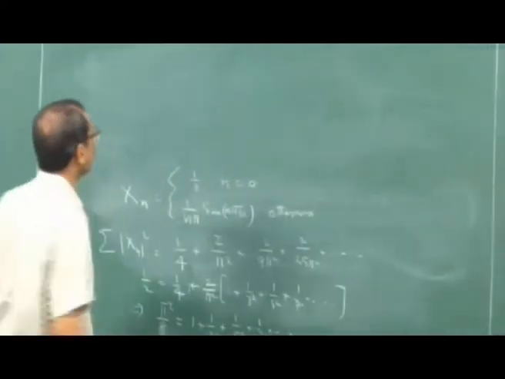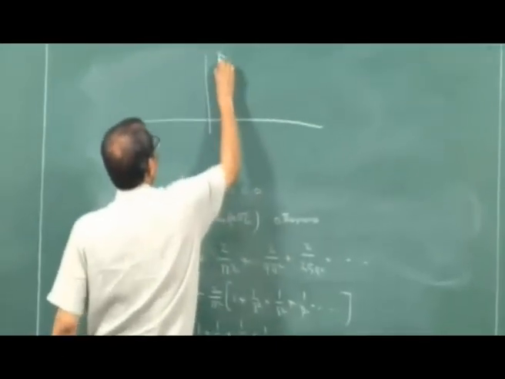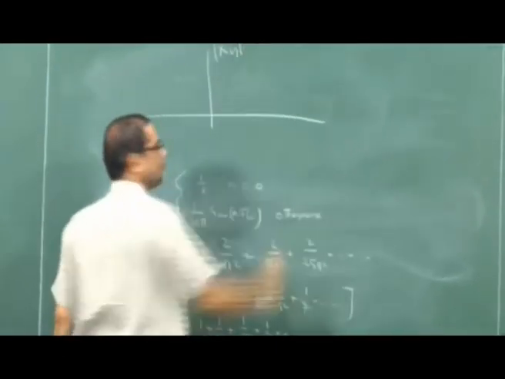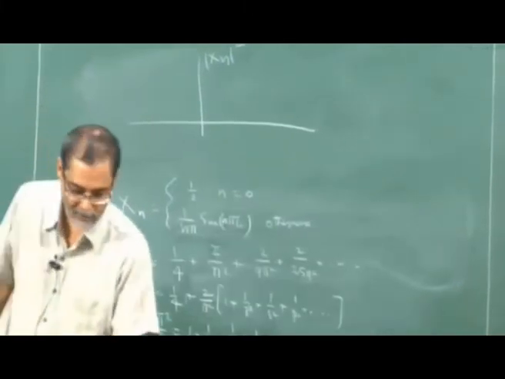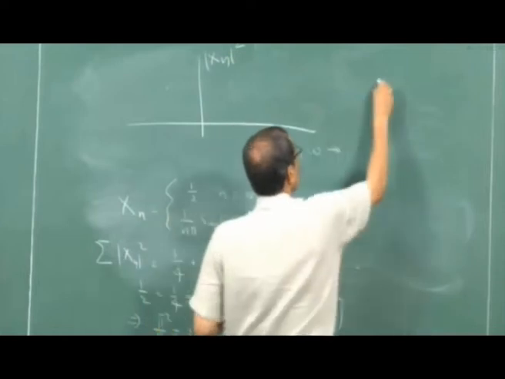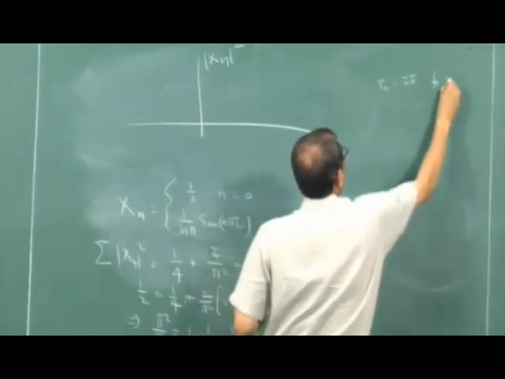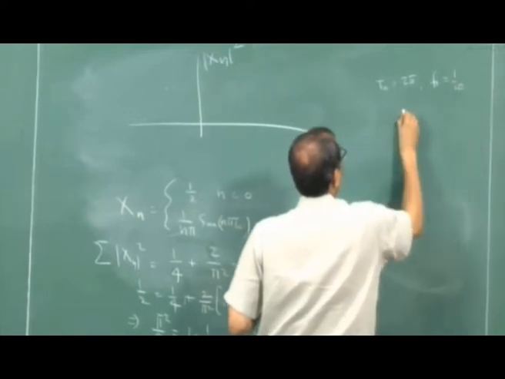So what does it mean here? I can draw the xn magnitude square, with omega on the axis. Remember, in this case, t naught is 2 pi, f naught is 1 by 2 pi, and omega naught is 1.